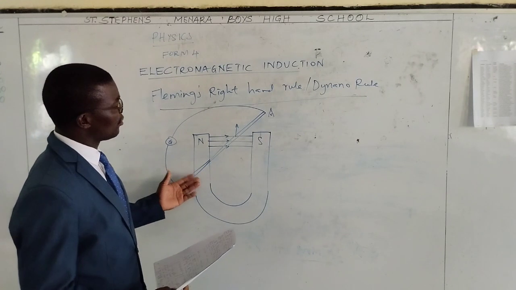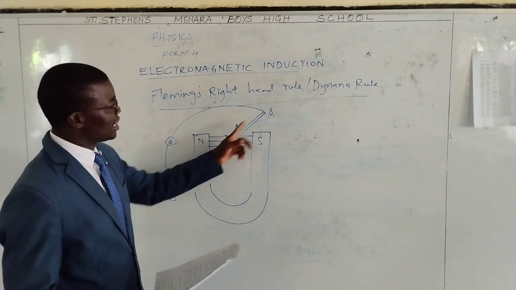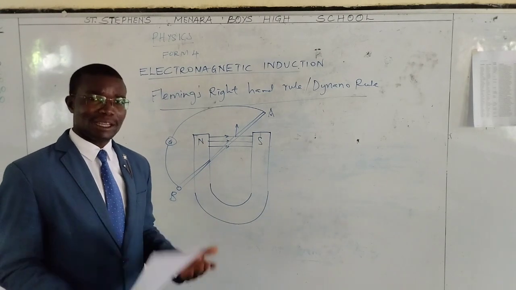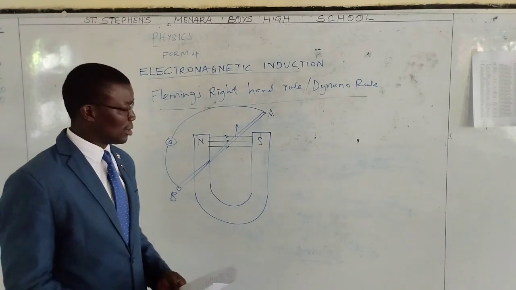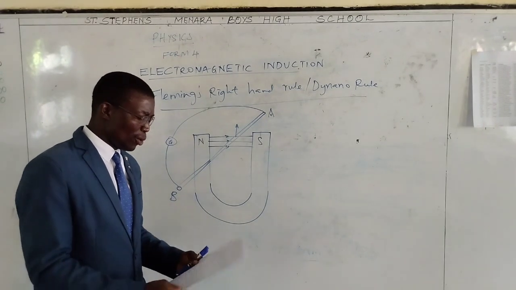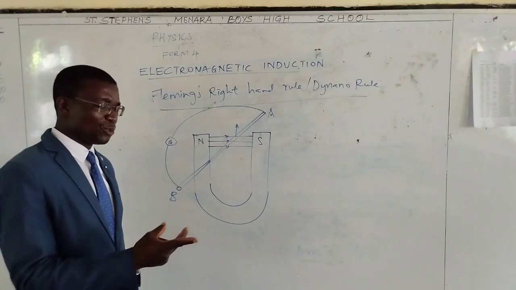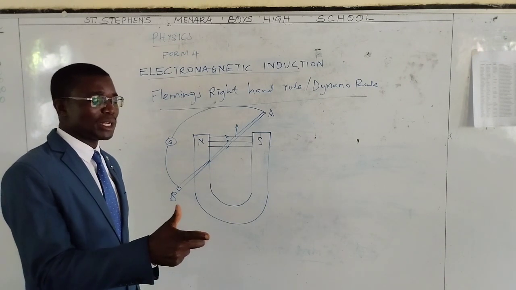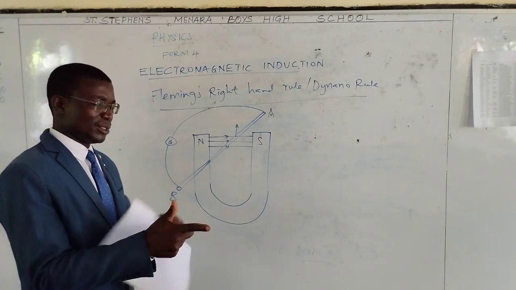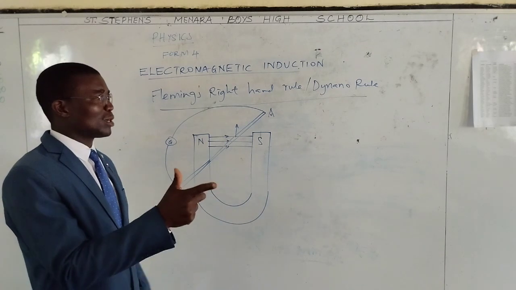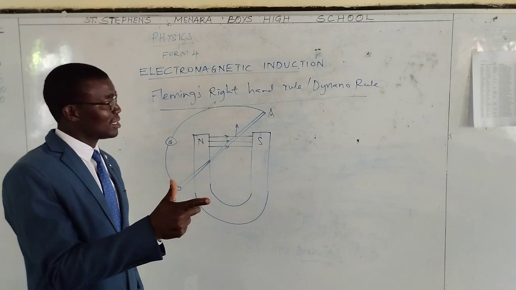Now the direction of induced current in this conductor AB is determined by Fleming's right-hand rule. How do we state it? We must hold the first two fingers of the right hand and the thumb mutually at right angles. The first finger, second finger and thumb mutually at right angles.